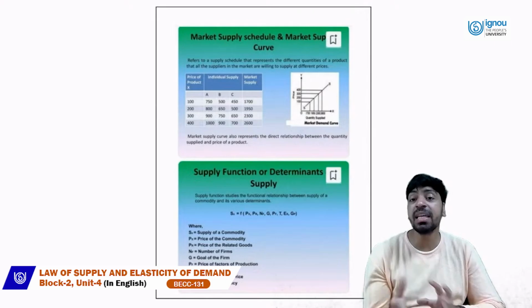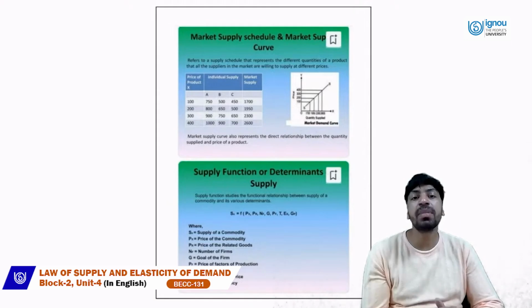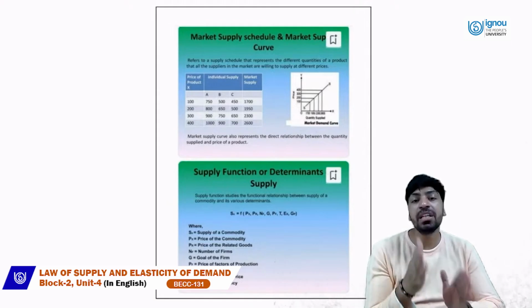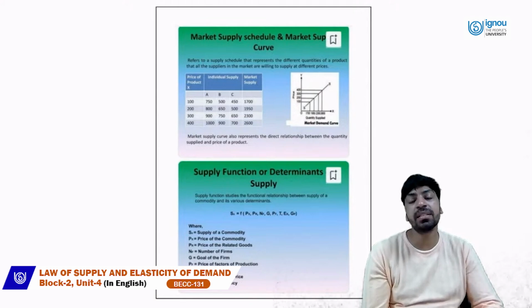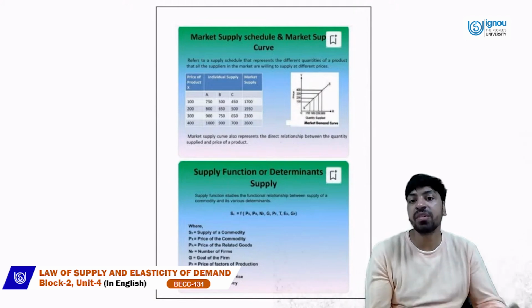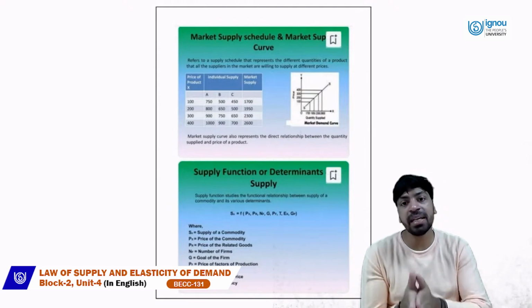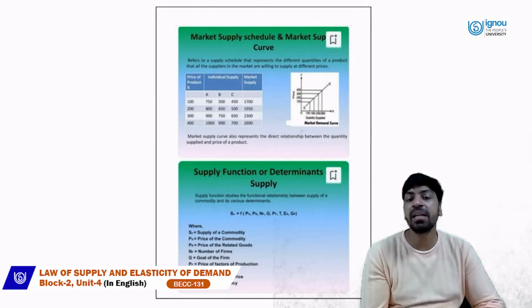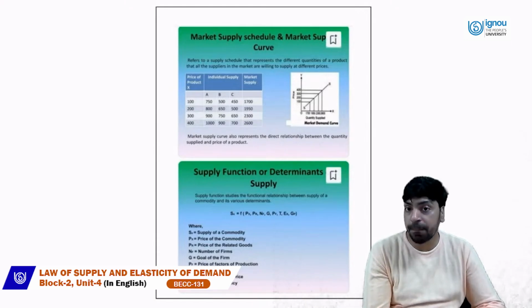If you see the graphical representation, it is upward sloping. While showing the individual supply curves, where the prices as well as the quantities increase for different suppliers A, B, and C, once you combine them, the market supply curve goes on increasing, showing an upward slope.